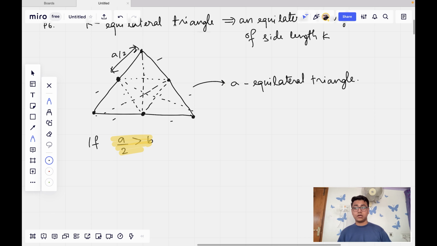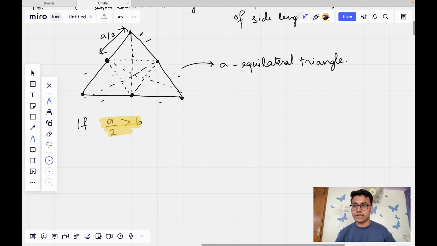In general, from among these 6 points, whenever we take a pair of points, they are at a distance of at least A by 2. And there are 6 points. So clearly, we cannot cover this A equilateral triangle with 5 B equilateral triangles if B is less than this side length, A by 2.